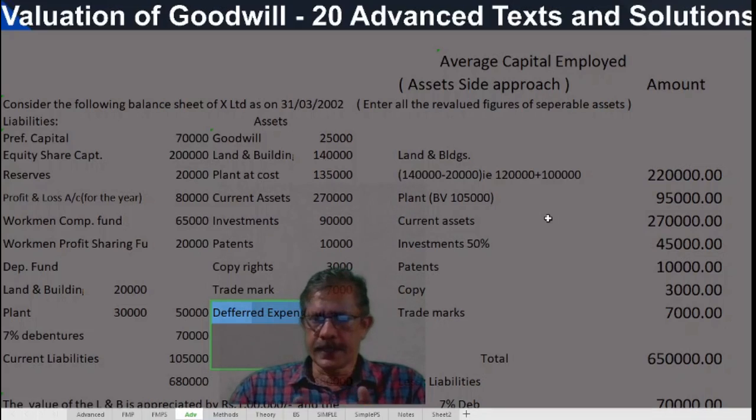If a new person comes into the business, he has to invest that much money in the business. That is why assets are revalued. It is from the point of view of an outside investor. So understand these concepts behind valuation. Okay? So, see you in the next part.